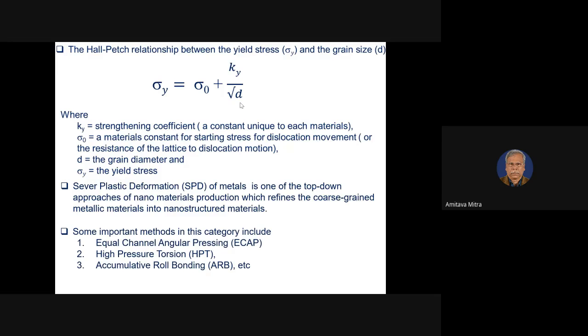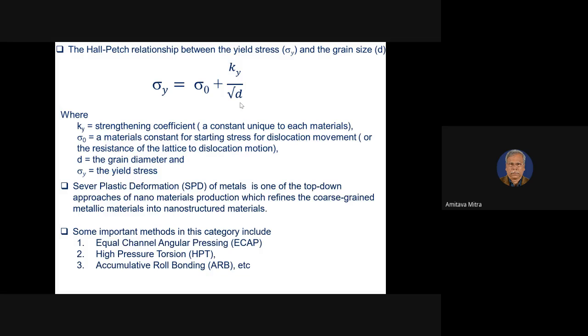So there are different categories for the severe plastic deformation. One is equal channel angular pressing, it is the very popular one, equal channel angular pressing, or the ECAP. Another one is the high pressure torsion, and there are various techniques.